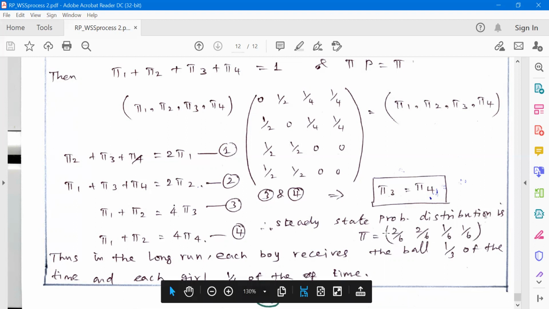Here the sum will be 1. So thus in the long run each boy receives the ball with probability 1 by 3 and each girl receives it with 1 by 6.